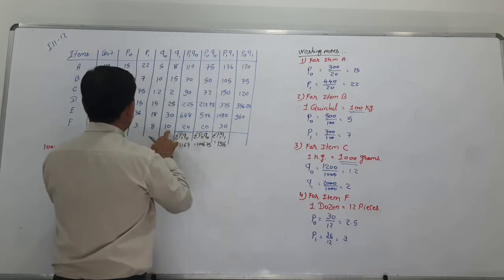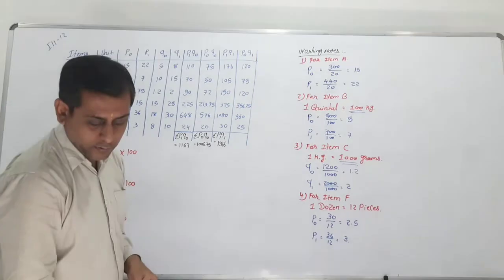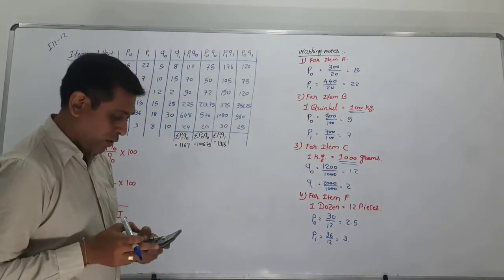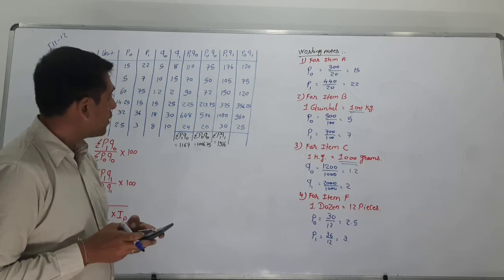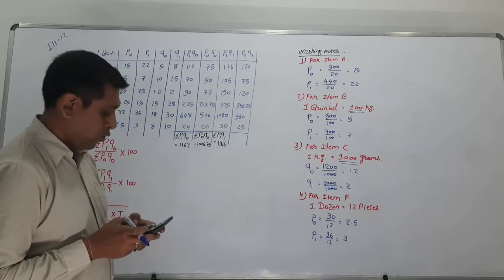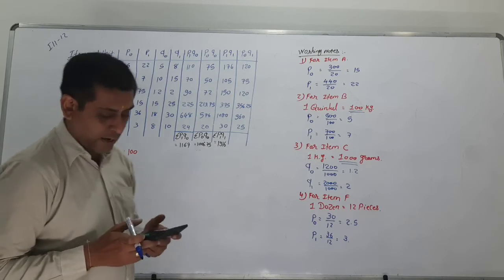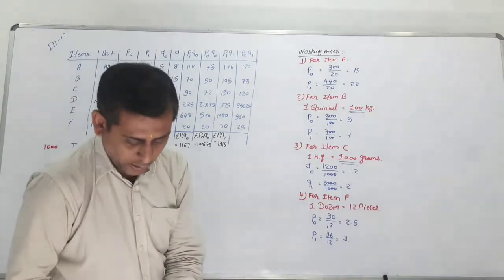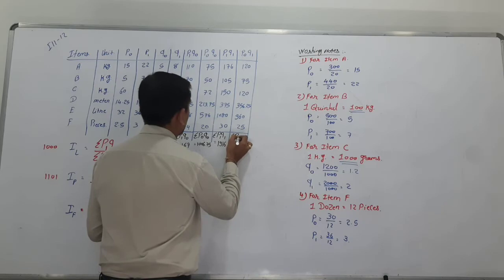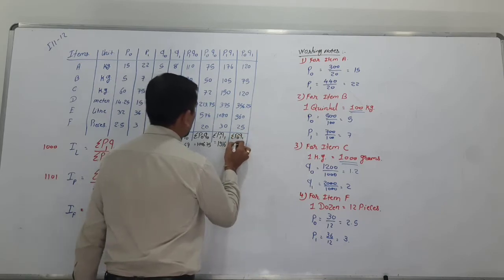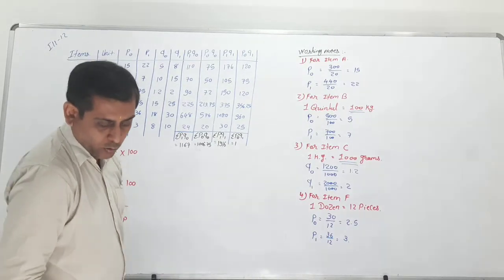And 2.5 into 10, that is 25. Now what is the total? 120 plus 75 plus 120 plus 356.25 plus 960 plus 25, that is 1656.25. The total is 1656.25.